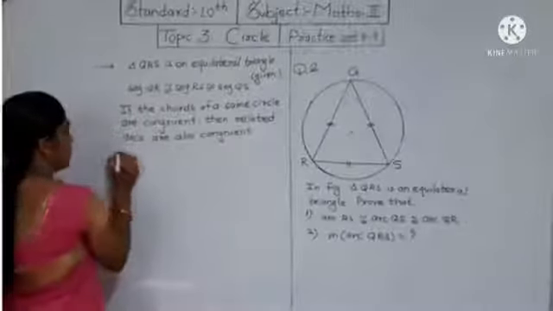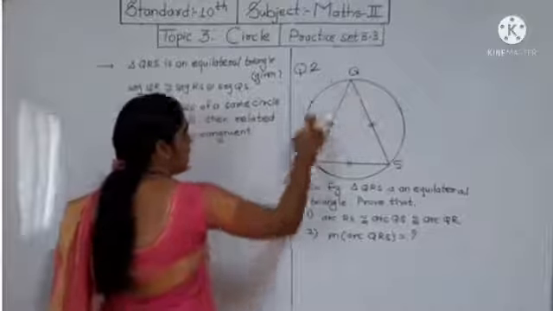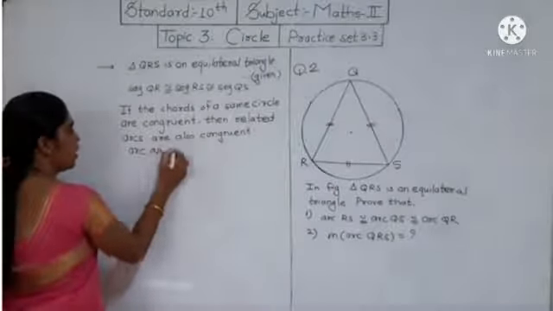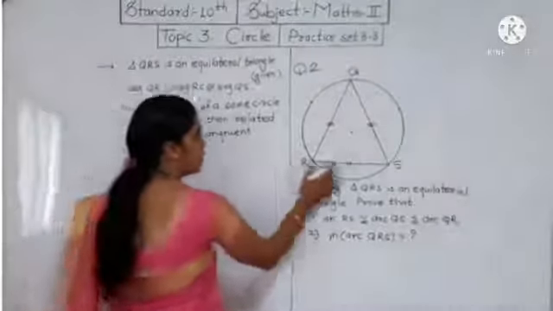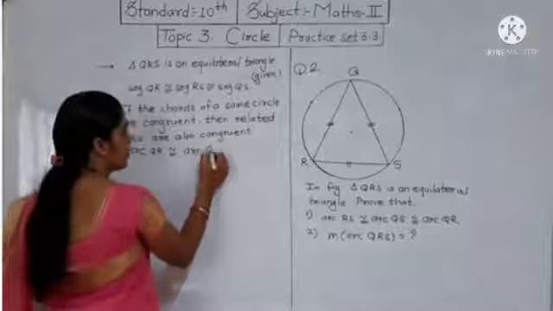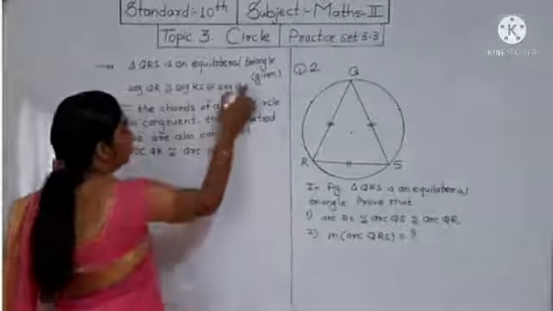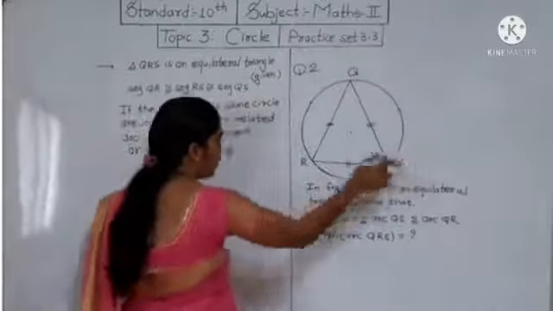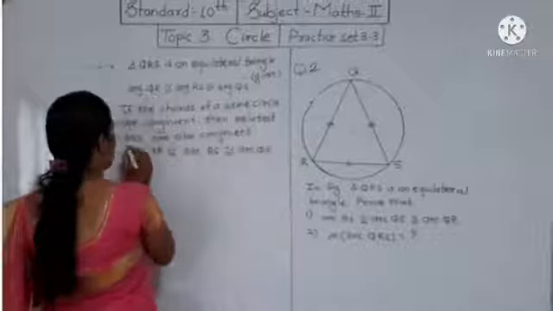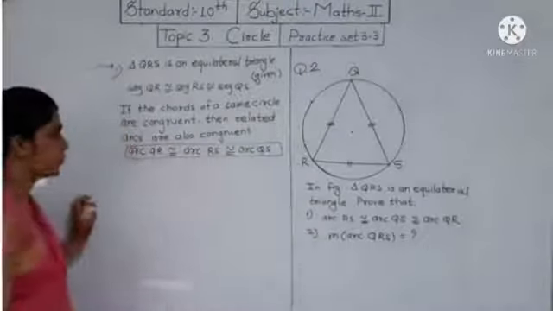Therefore, which are the related arcs? QR's related arc is arc QR. Arc QR is congruent to arc RS. Chord RS's related arc is arc RS, and arc RS is congruent to arc QS. Chord QS's related arc is arc QS. So we prove the first. Okay, we have proved the first.